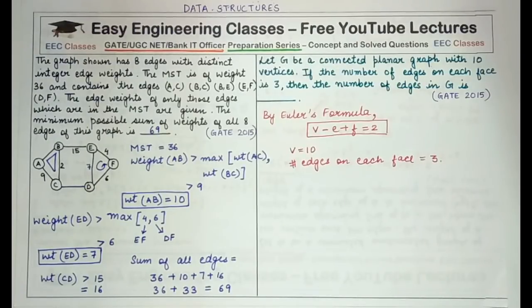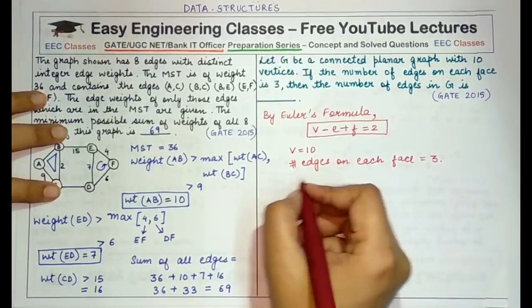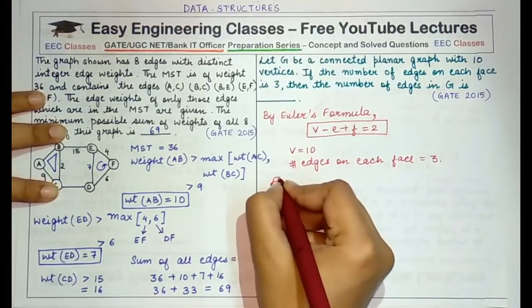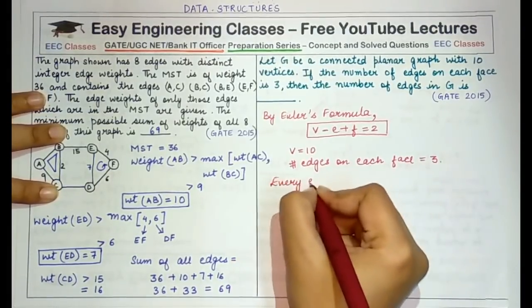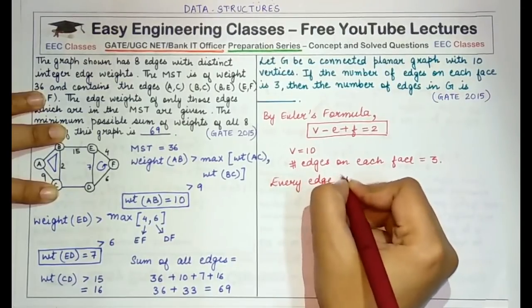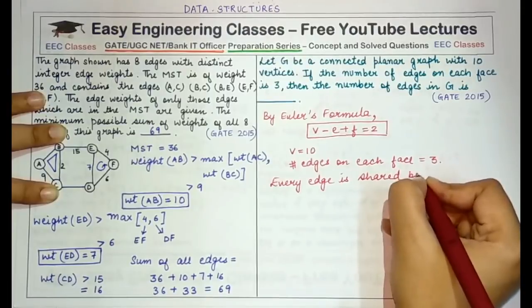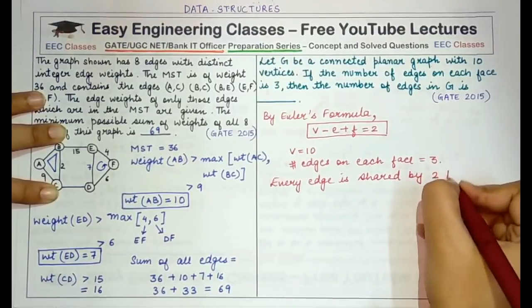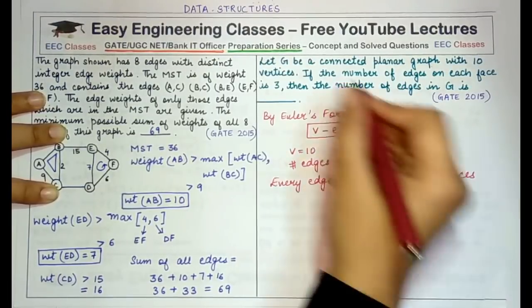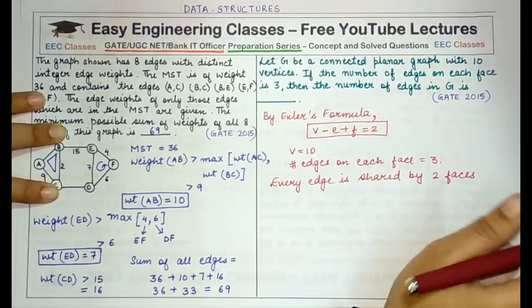Now, apart from this relation, you must remember that every edge is shared by two faces in a connected planar graph. I'll write it down for you that every edge is shared by two faces in a connected planar graph that is given to you.